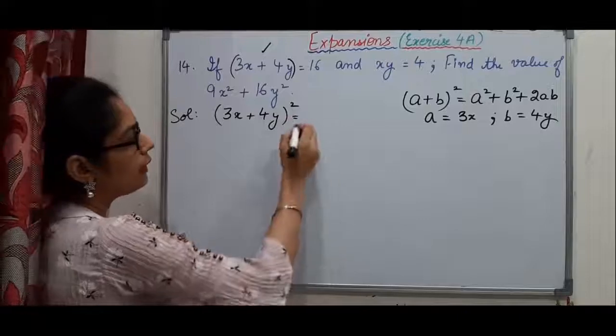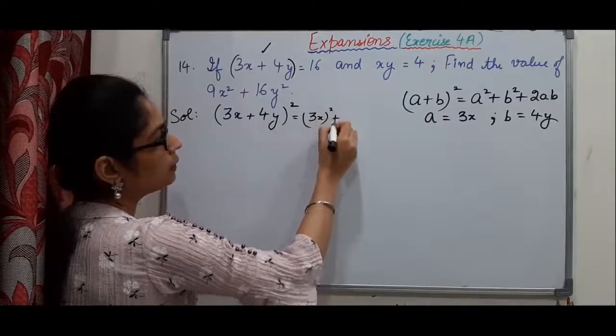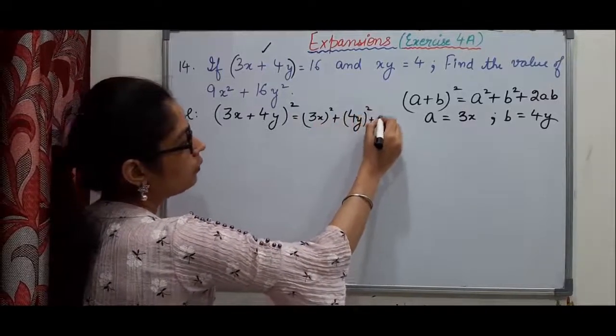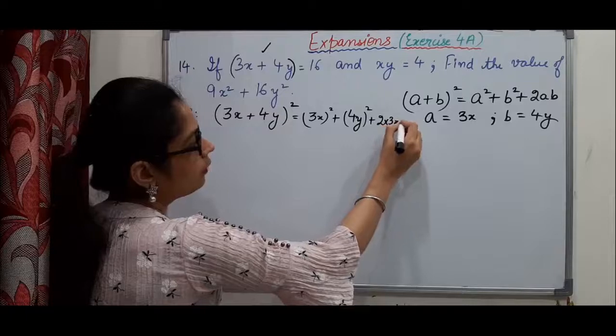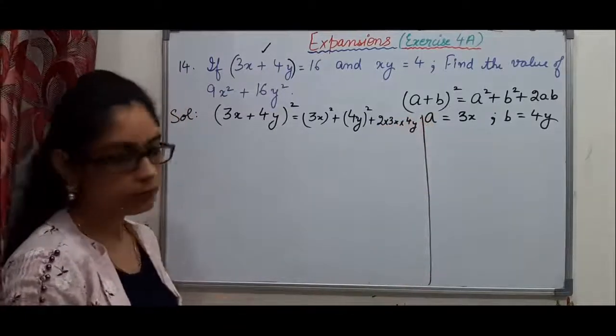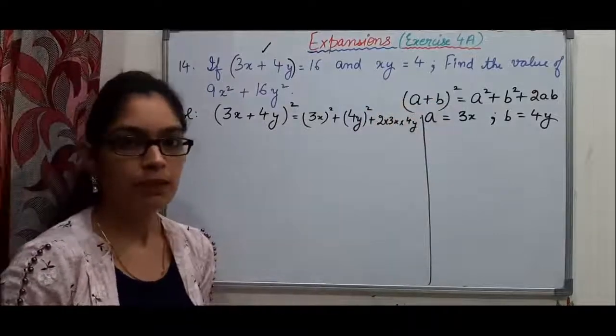A square, a is 3x, so 3x whole square, plus b square, b is 4y, plus 2 into a into b. I just have used the identity of a plus b whole square.